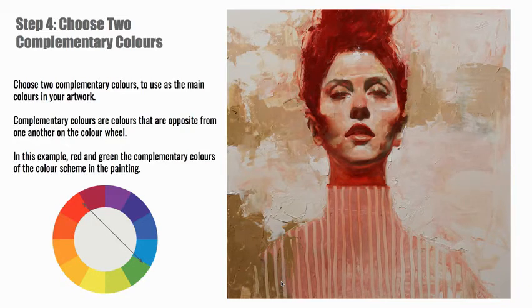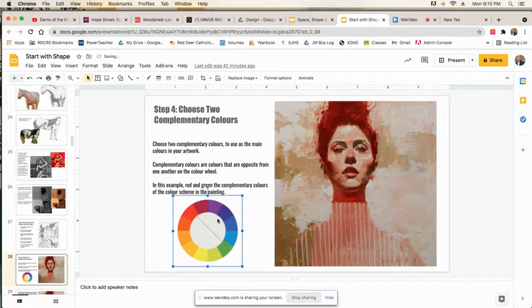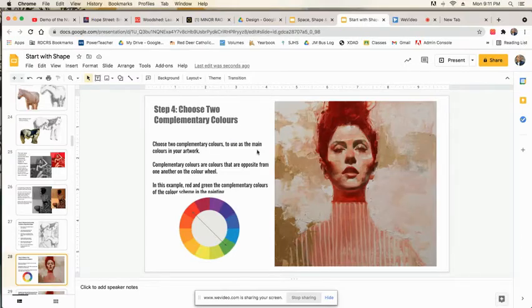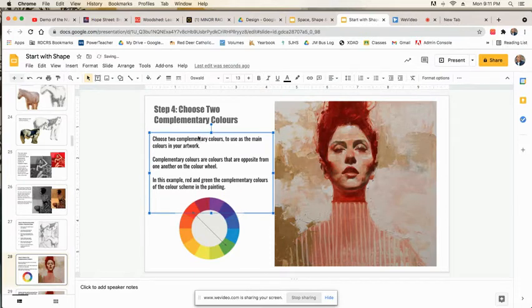Complementary colors are colors right across from each other on the color wheel. So in this case, the complementary colors are, I need to adjust the color wheel there. Red and green. There we go.